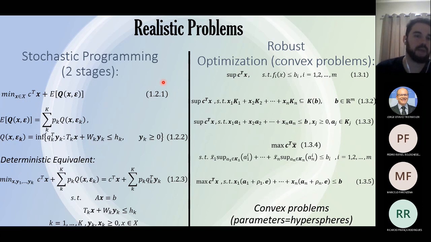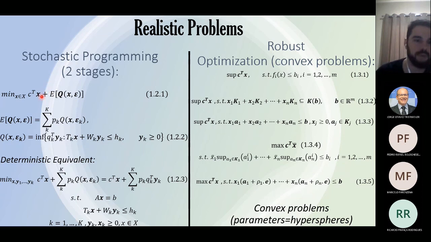And it's basically this problem. Instead of just optimizing as a deterministic problem, here we include the expectation of another stage. For example, operation costs. So here we have operation costs, one stage, and facility costs, another stage. This is the most famous approach of stochastic programming.